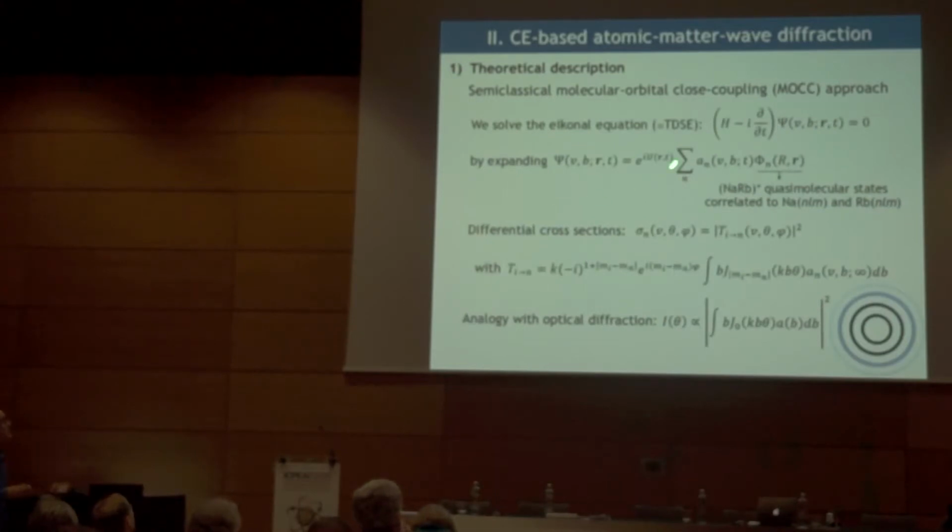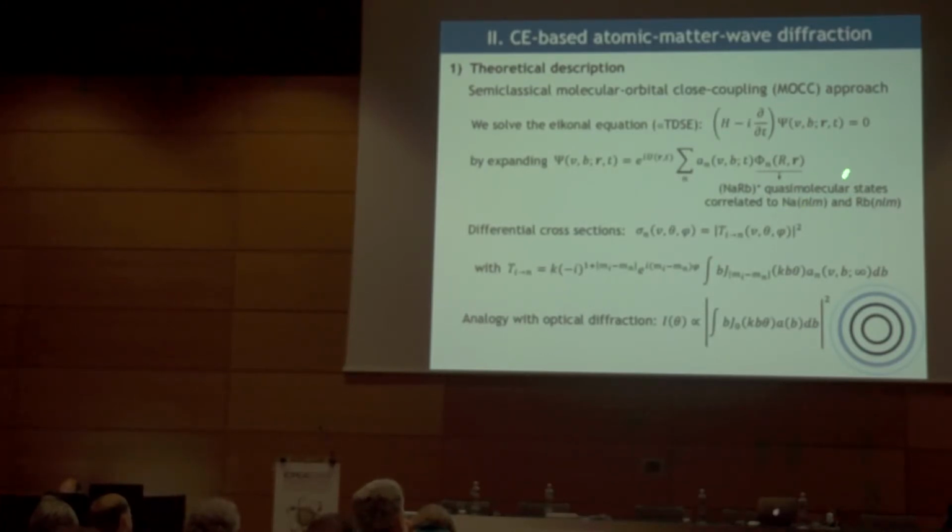Then the electron motion is described by solving the eikonal equation, which is equivalent to the time-dependent Schrödinger equation, and that for each nuclear trajectory characterized by v and b. To do this, we expand the total electronic wave function on a set of molecular states of the sodium rubidium plus molecule formed during the collision.